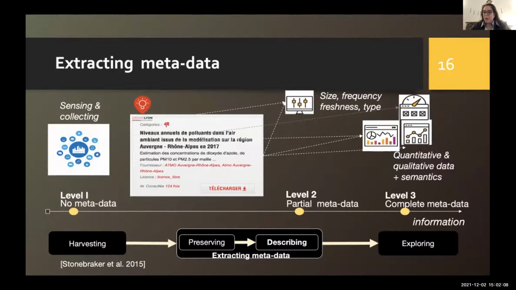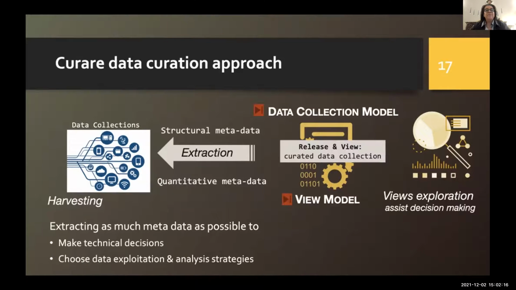There are strategies in order to extract the metadata that can be applied depending on the characteristics of your data. And then you can have solutions in order to implement, on top of the data lake and on top of different infrastructures, this curation process that will help other people use and explore the data.